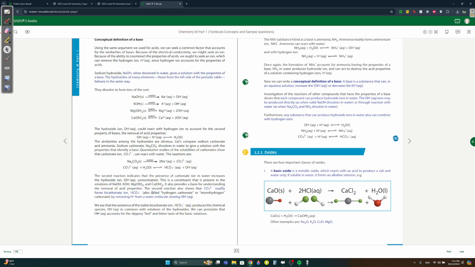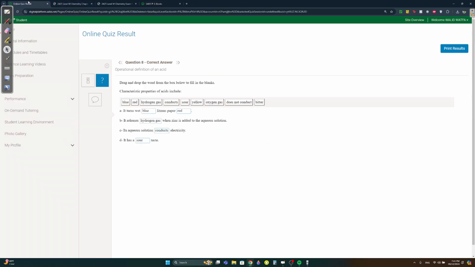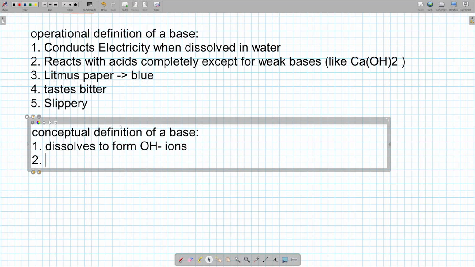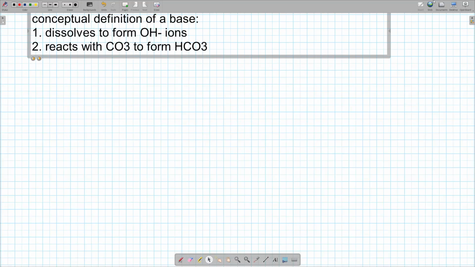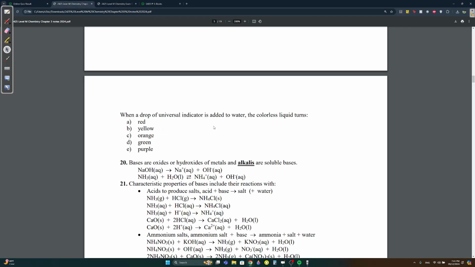Yeah. Also, it reacts with the carbonate to form HCO3. Okay.